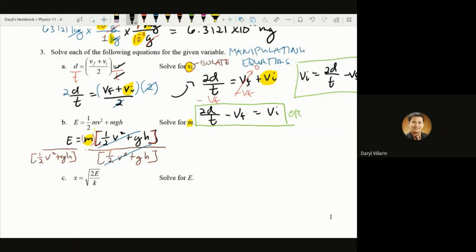So therefore, this gives me E over 1/2 v squared plus gh is equal to m. And that would be my final answer.